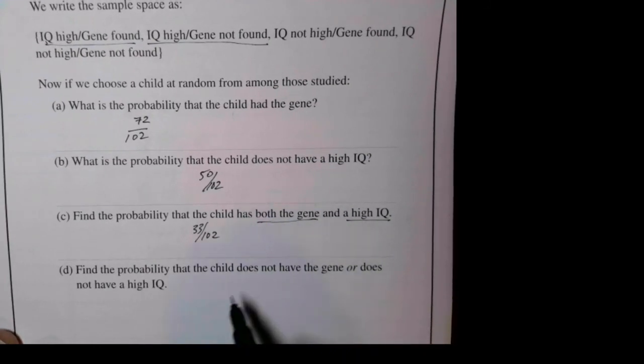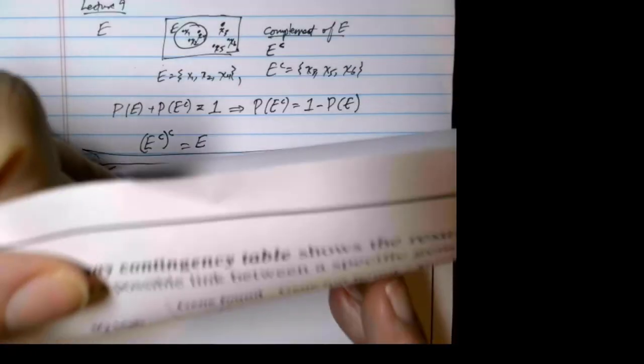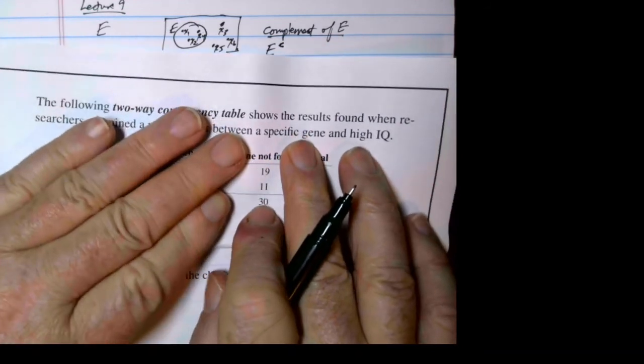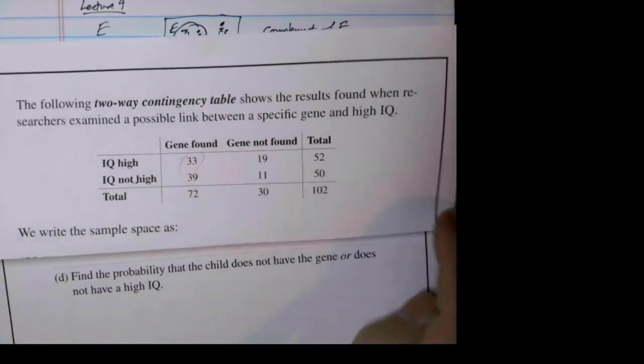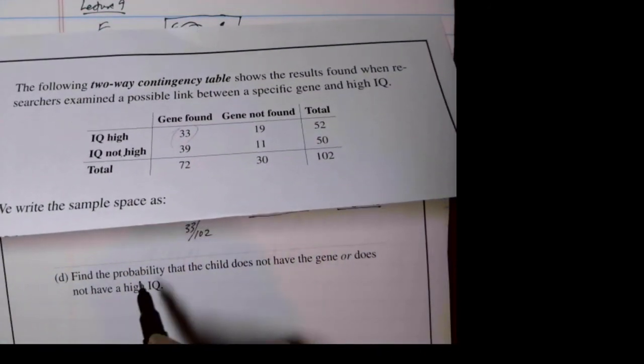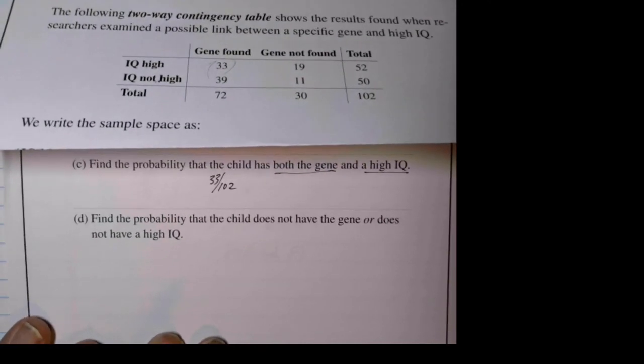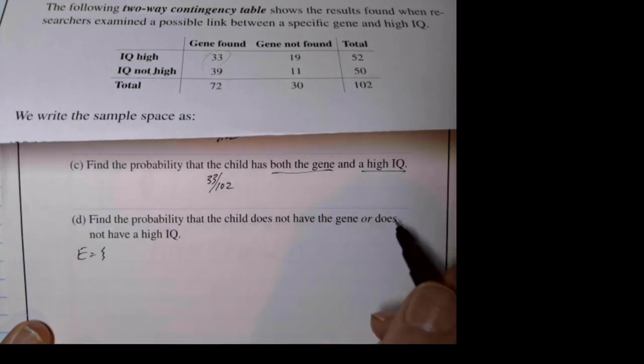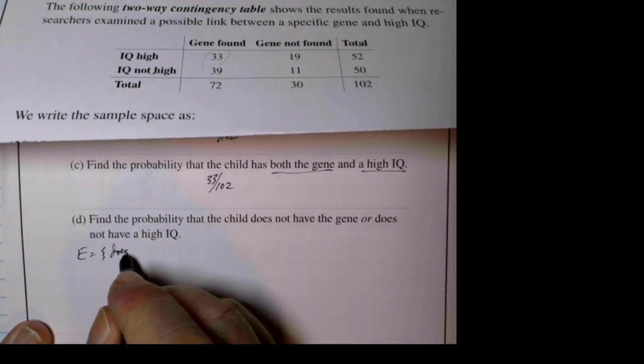This one takes a little more doing, so I'm going to go ahead and write it out. Let me just fold this down so we can see it. So let's define a couple of events here. We're going to let E be the event does not have the gene.